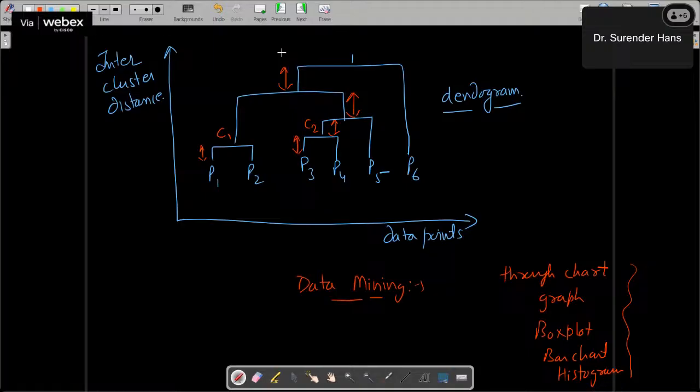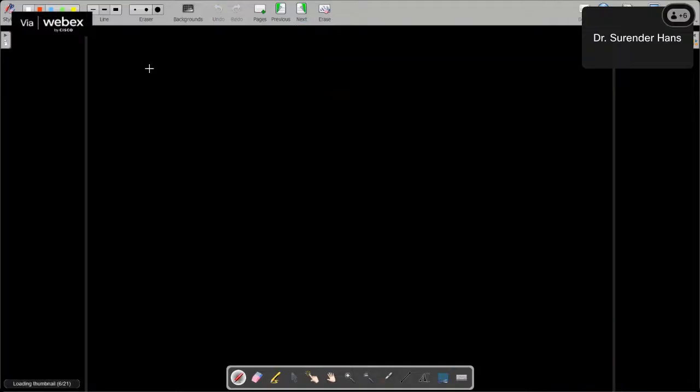Okay, so the second application is customer segmentation, where we want to apply a better marketing strategy. So let us say, for example, in Myntra, in the next month the big sale will come.